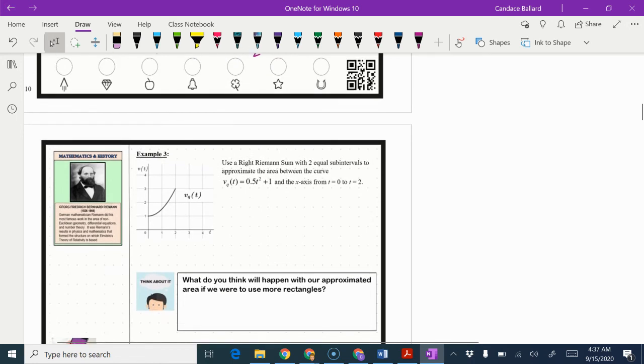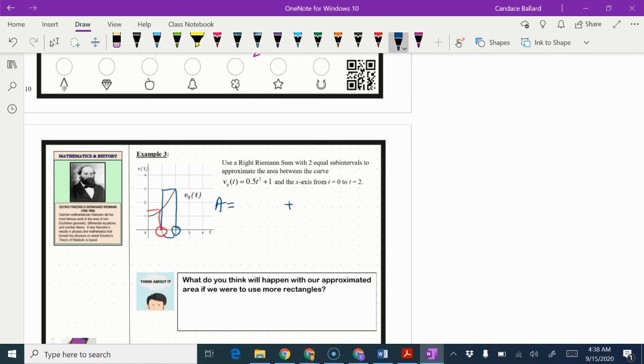We're going to use the right Riemann sum now with 2 equal subintervals. If I'm coming at it from the right, I like to come at it from the right side completely. So I start with my rightmost x value, which is this 2. And then I'm going to come at it from the next rightmost x value, which is 1. All right, and then I have area equals, and I literally write it backwards.